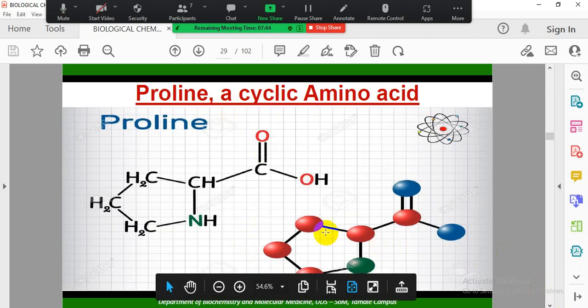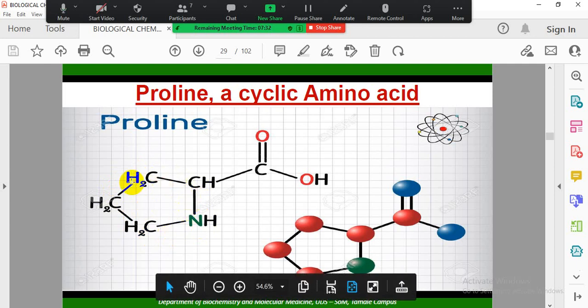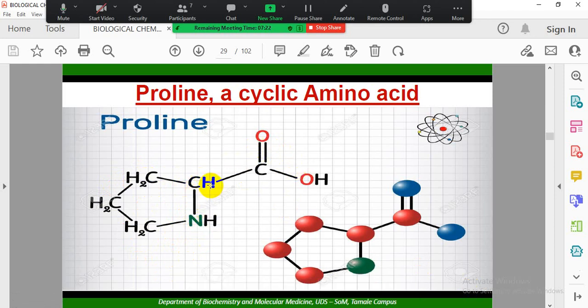Then proline, the side chain is CH2, CH2, CH2 bonded to NH. This structure is the side chain for proline. This is the carboxyl group, this is the amino group, and this is the CH. The carboxyl group is constant, the amino group is constant, this H is also constant.